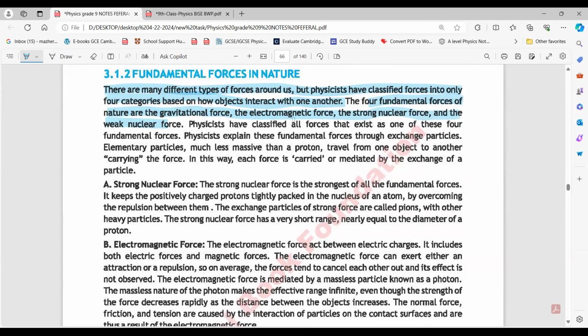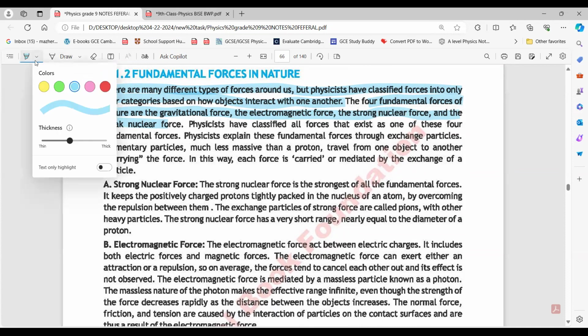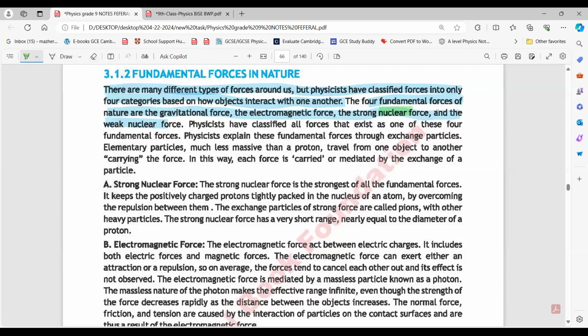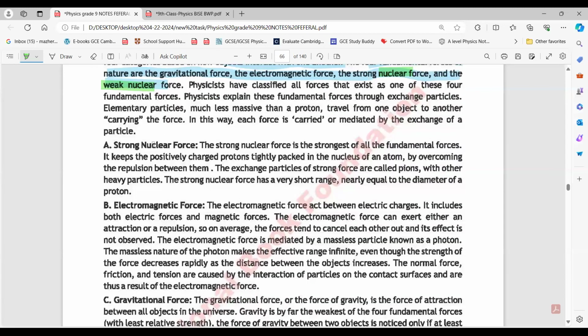Normally, the strong and weak nuclear forces, as the term nuclear suggests, we discuss in respect to the nucleus of an atom. The forces between the neutrons and protons in the nucleus and the electrons we're going to study at a later stage. Here you could see a strong nuclear force is the strongest of all the fundamental forces.